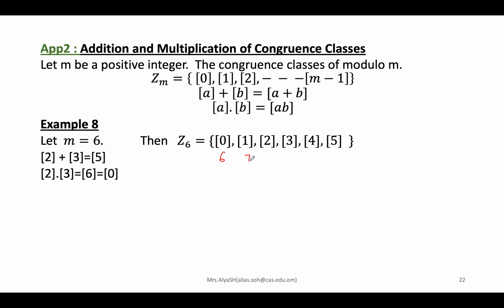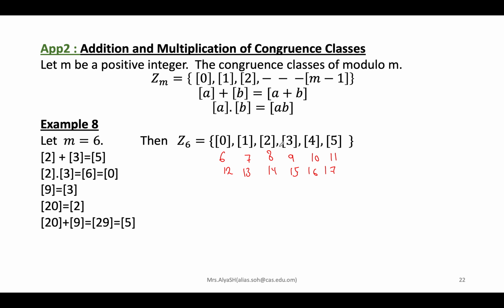So here we got 6, 7, 8, 9, 10, 11, and then 12, 13, 14, 15, 16, 17, and so on. Here 9 can be represented by 3, and 20 can be represented by 2. So if I add 20 plus 9, it will equal 29, and this equals 5. It's also the same: 3 plus 2 is equal to 5, equal to 20 plus 9.